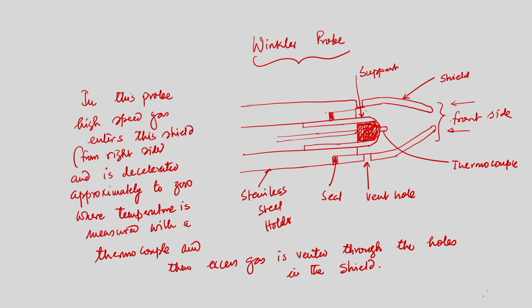The geometry of the shield is initially very small, and towards the right side the geometry is narrowing down the flow area, and as a result velocity will be increased. Then the area is gradually increasing, so the fluid will be decelerated.